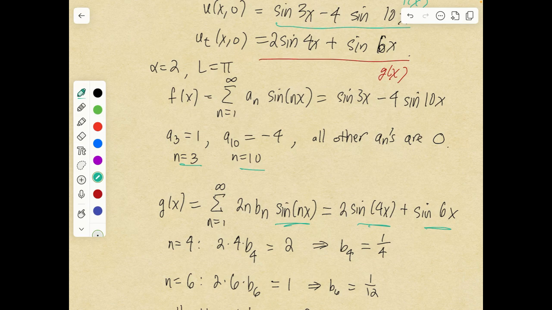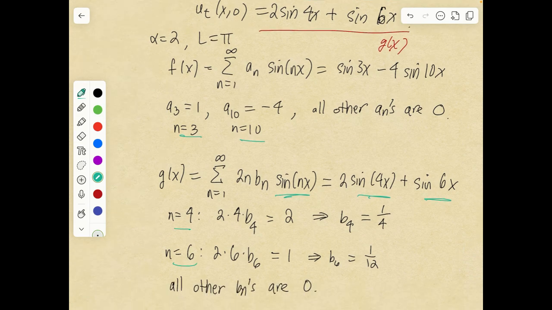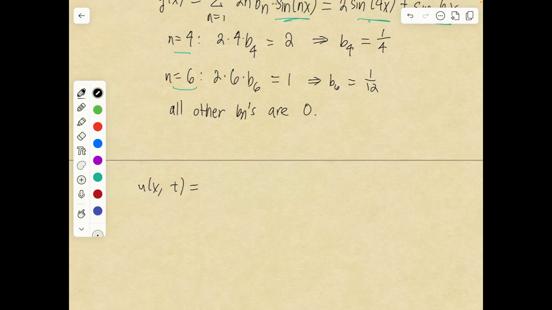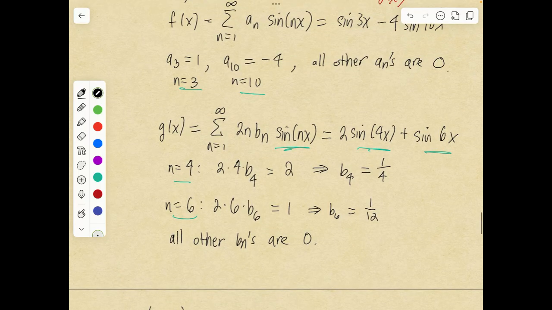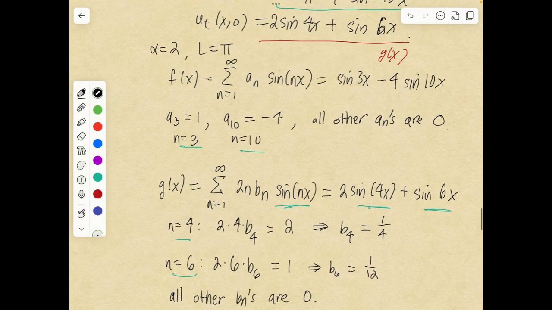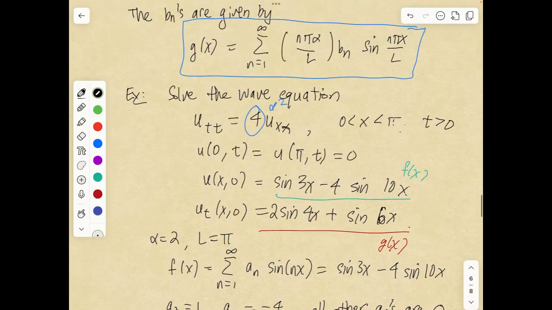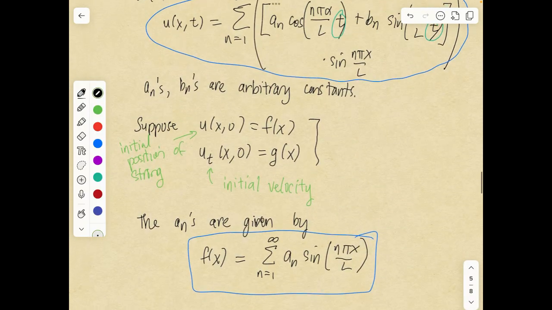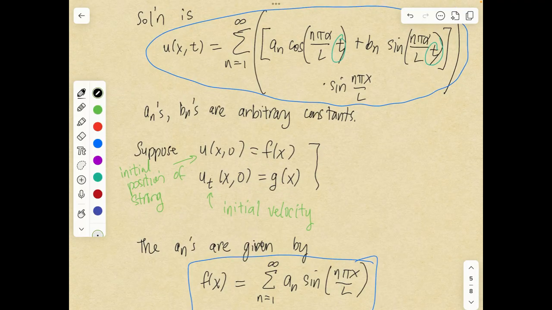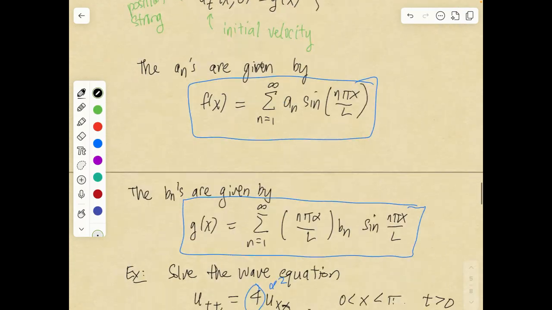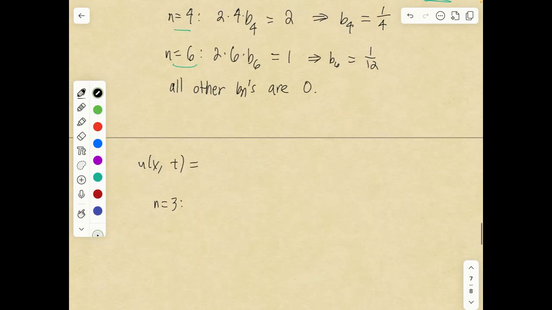So now we have everything that we need to tell us what u sub xt is equal to, right? Because what are the n's? When you look at the formula here, there's an infinite sum, but in reality, the only n's that will give you non-zero an's or bn's are n equals 3, n equals 10, n equals 4, and n equals 6. So we just need to write out those 4 terms.